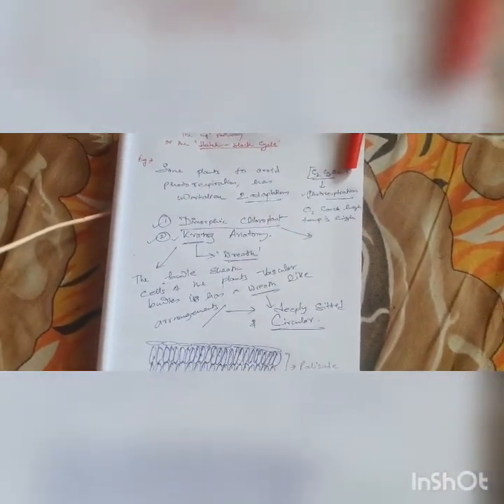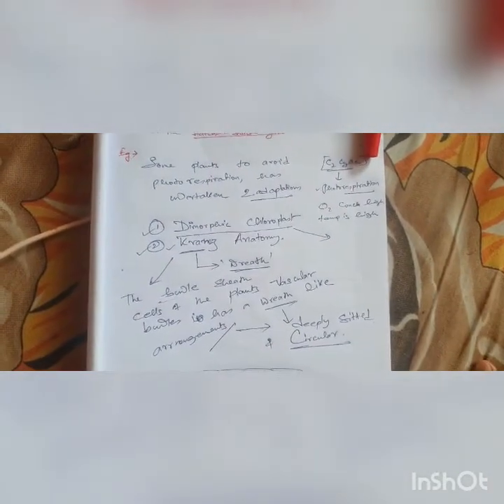I hope the entire information of this video is very clear in your mind, that what is the adaptation that plants have taken up to save themselves from photorespiration, so that they do not lose oxygen due to photorespiration.